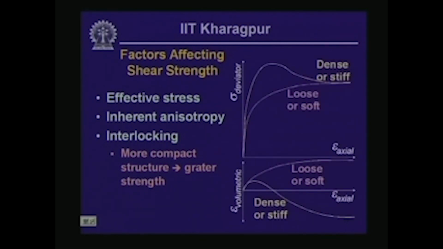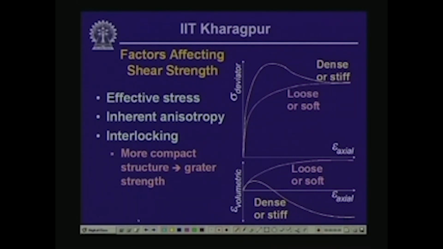That is illustrated when we consider a typical deviatoric stress versus epsilon axial plot and volumetric strain versus epsilon axial plot obtained from triaxial tests for a loose or soft deposit and a dense or stiff deposit, as we see on the schematic plot on the right of this particular slide.